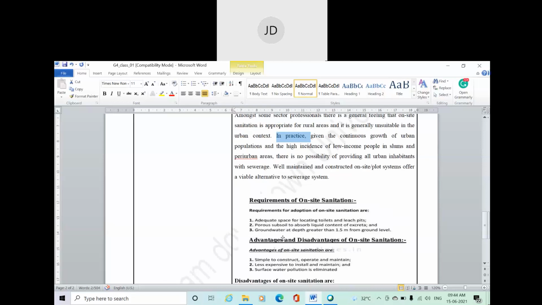And also we require the groundwater at a depth greater than 1.5 meters from ground level. That means we should not create a situation where your groundwater level is so near the ground level. In that particular case, we are not going to create this pit latrine, because we should not allow the direct contact of the waste with the groundwater.